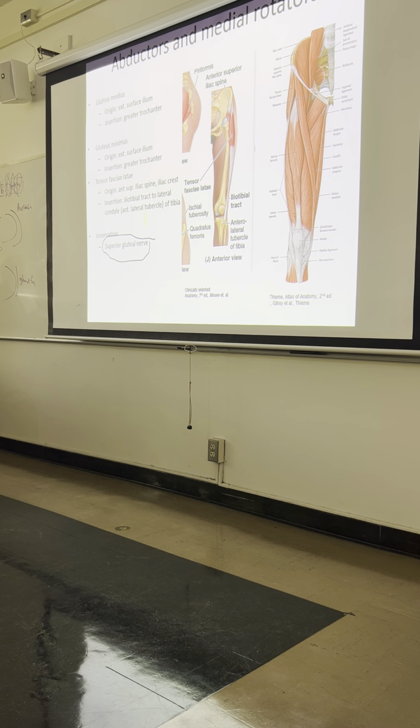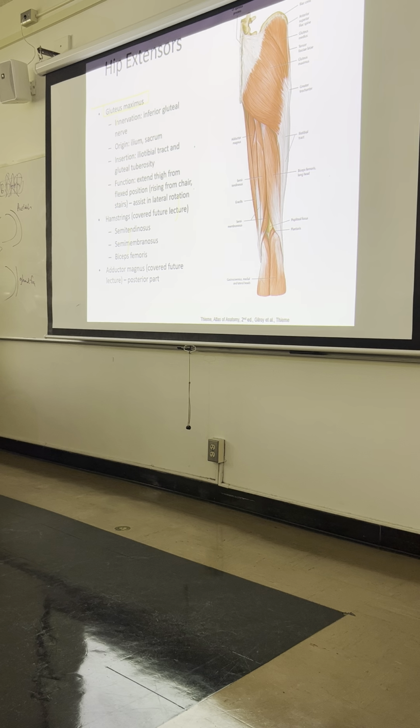So this tensor fasciae latae inserts into the IT band along with glute max, and is also innervated by the superior gluteal nerve. Remember that rule I taught you last week? Generally speaking, more often than not, the muscle covers the nerves that innervate it. So if you're looking here, I don't see the inferior gluteal nerve going to glute max.